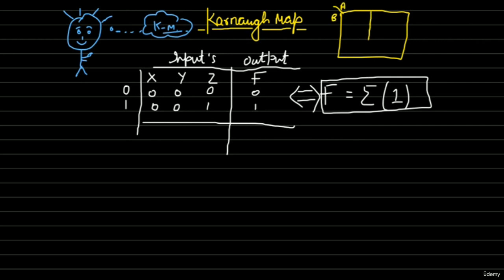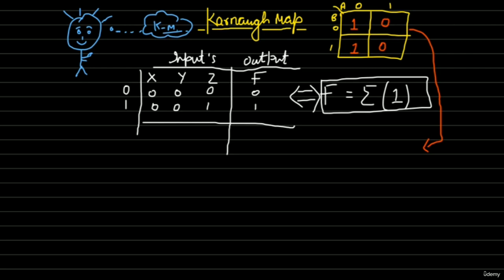Now let's make some divisions for that. So let's write A can be 0 or 1, B can be 0 or 1. Now when I write the numbers inside these square boxes, like if I write 1 here and 0 here and 1 here and 0 here, this is the presentation of the Karnaugh map, and this presentation is going to help us understand why the Karnaugh map is used and how powerful it is.